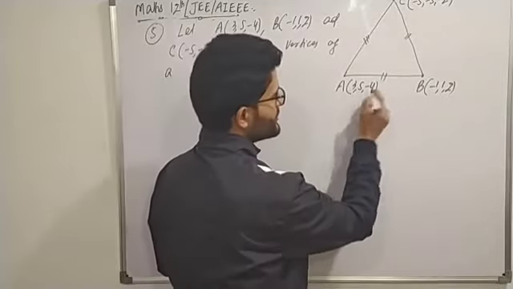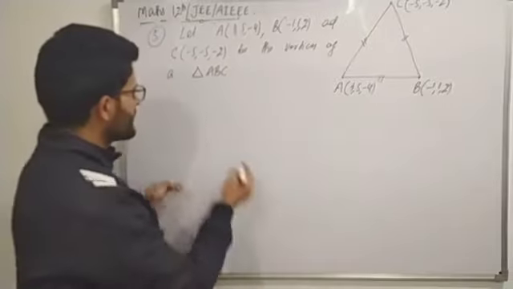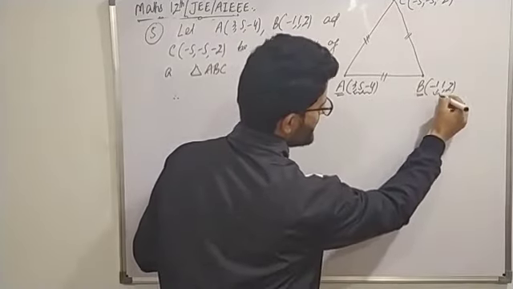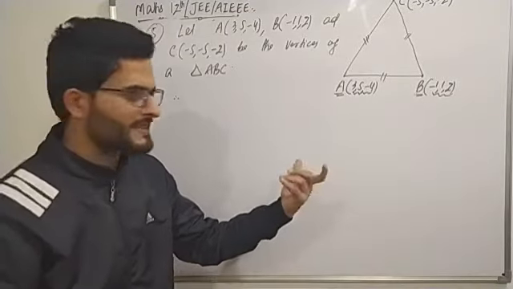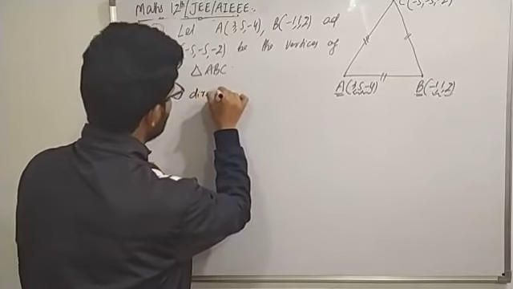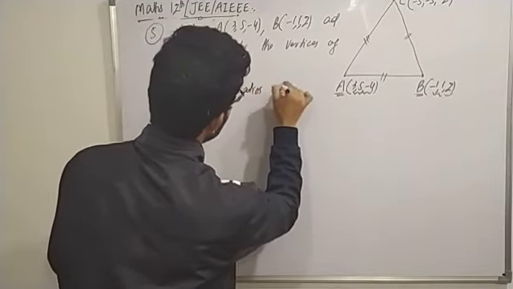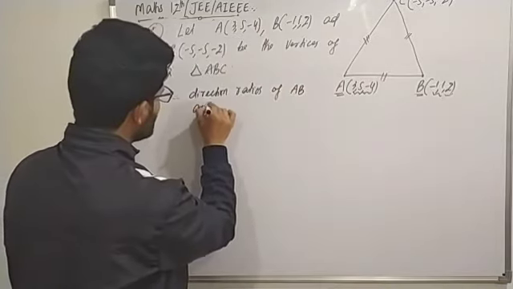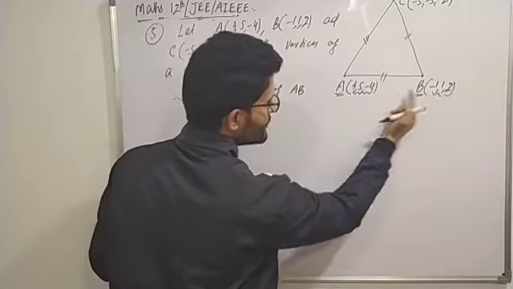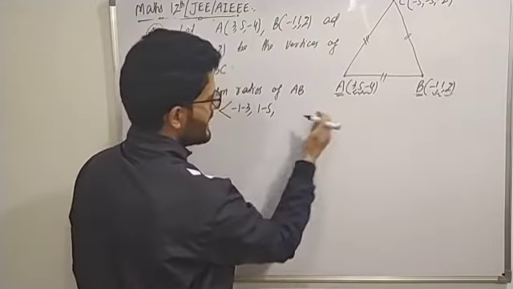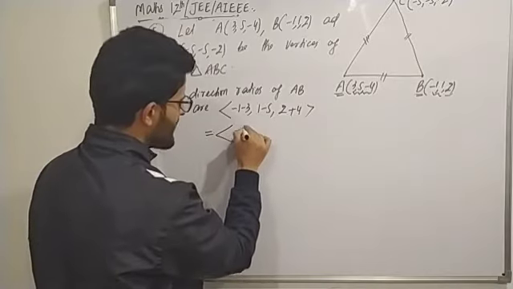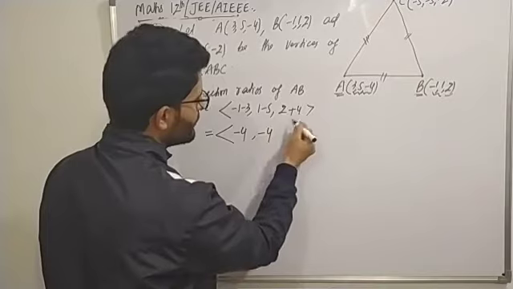So first we will calculate the direction ratios and direction cosines of AB. Since for side AB, one end point A has known coordinates and the other end point B has known coordinates, we can easily locate the direction ratios: x2 - x1, y2 - y1, z2 - z1. So the direction ratios of AB are the ordered 3-tuple of -1 - 3, 1 - 5, 2 - (-4), that is 2 + 4, which is equal to -4, -4 and 6.